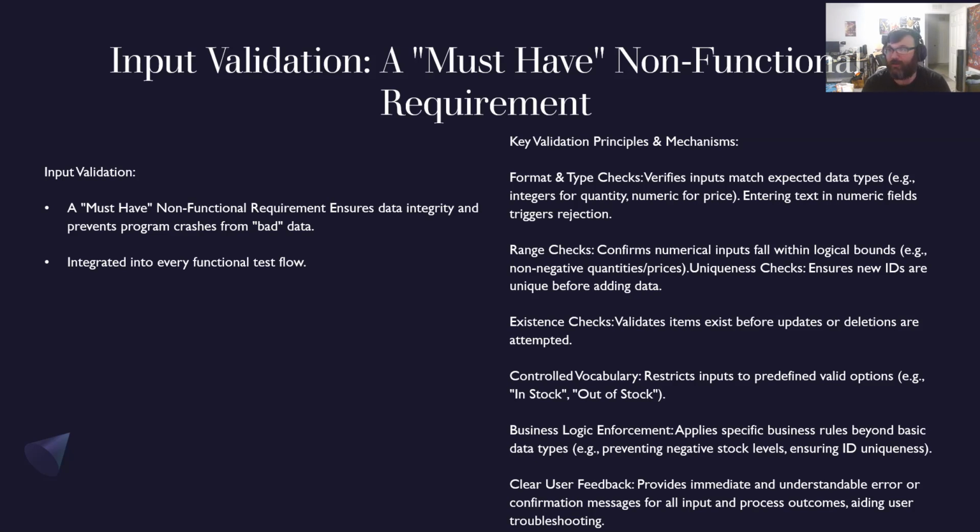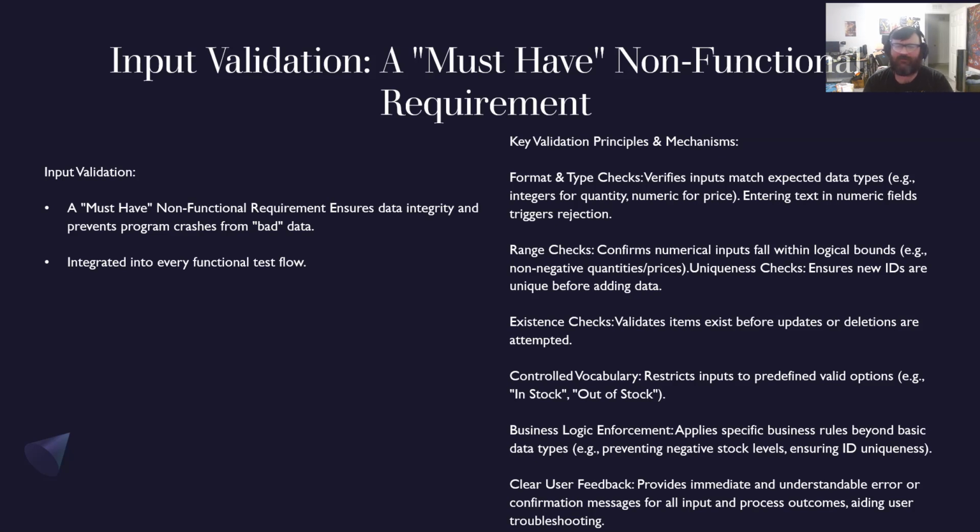So that type of bad data could cause it to crash out. And the reason we do this at every functional test level is there are many, many points and times in which a program could fail, and it could fail in ways you don't even think.